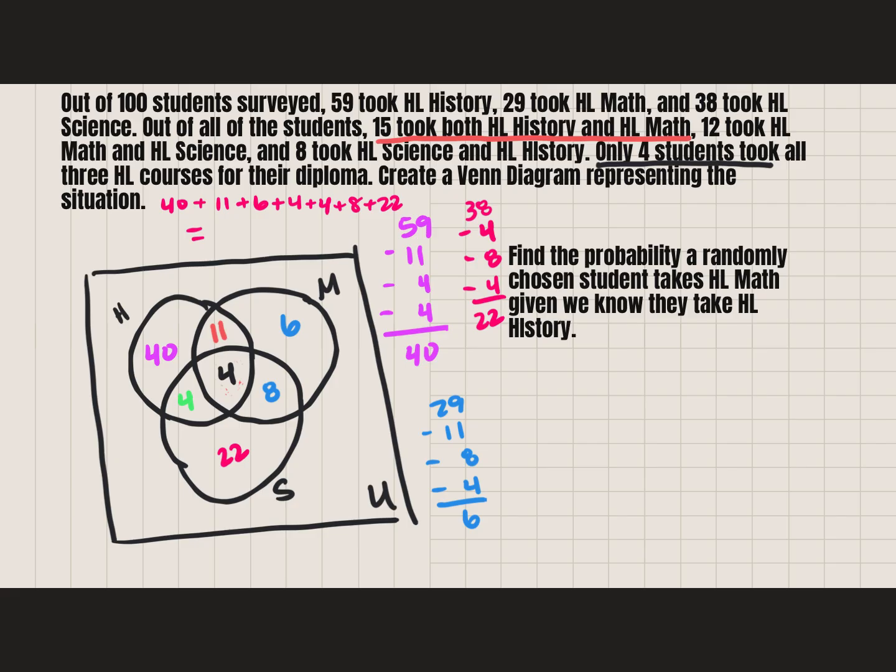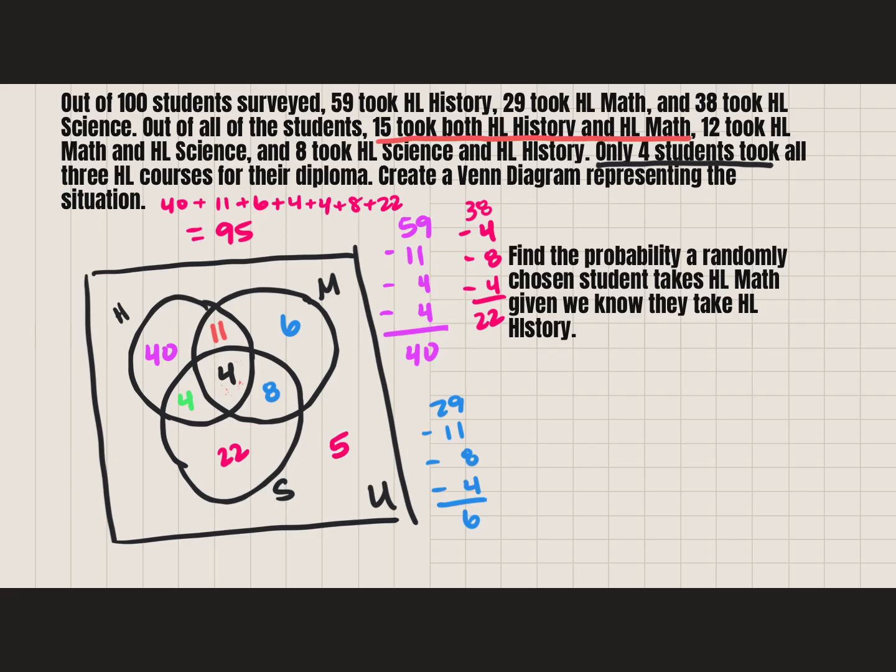And I get from that total only 95 students total covered in all of my spaces. That means out of the 100 students surveyed, there were 5 students left over that didn't take any of these courses. And what I'm going to do is put them outside my circles.